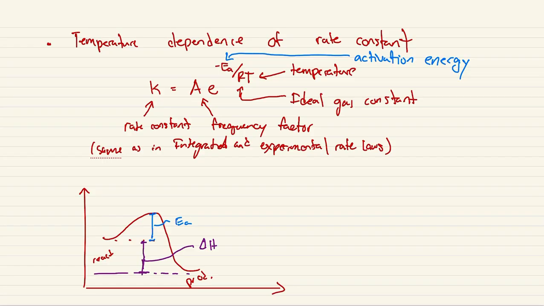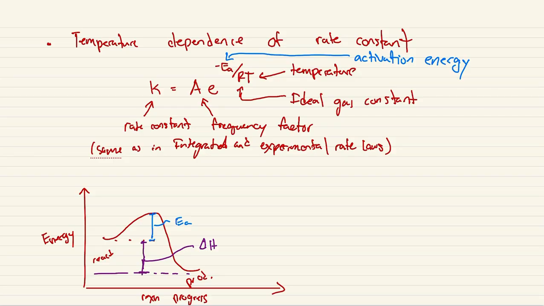Right, so the frequency factor, that is how often are we approaching the transition state? The transition state is the state that's defined at the maximum of this energy curve. Right, so this was energy on the y-axis, and then the reaction progress on the x-axis.